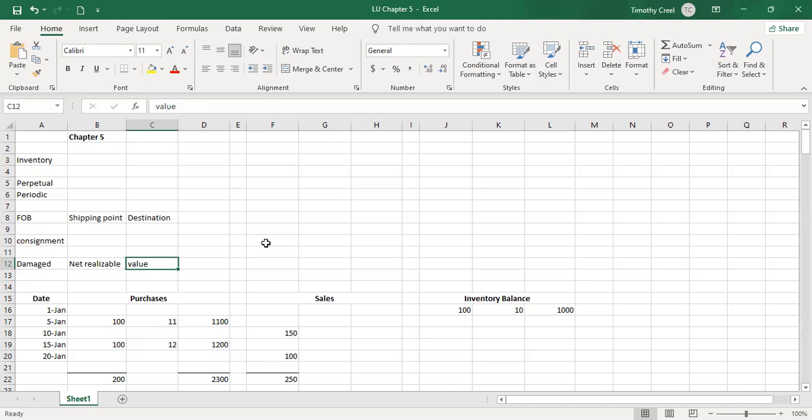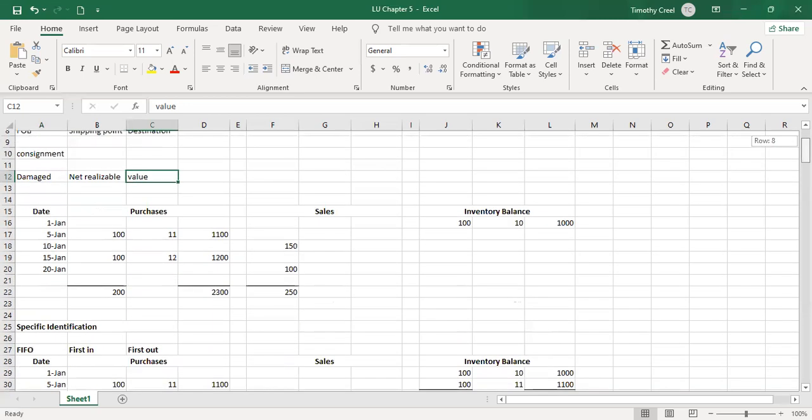But let's say it got dropped off the truck and dinged up pretty good. And so now they only feel they could sell it for $300. They would write its value down to $300. So any damaged merchandise would be lowered to whatever the company feels like they can sell it for, whatever it's worth in the marketplace.